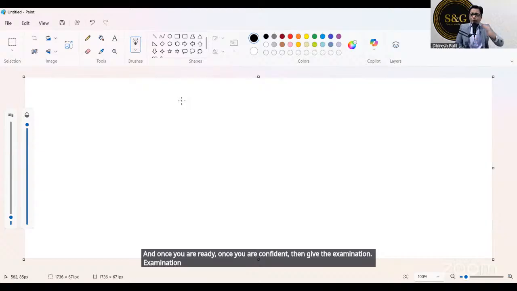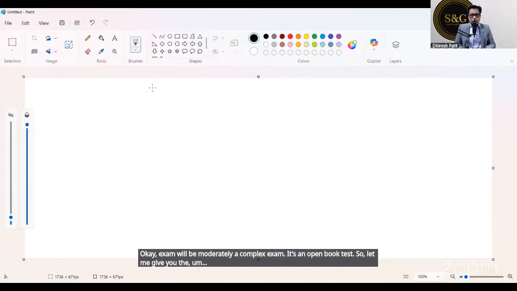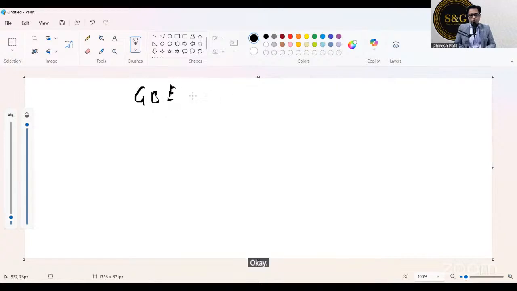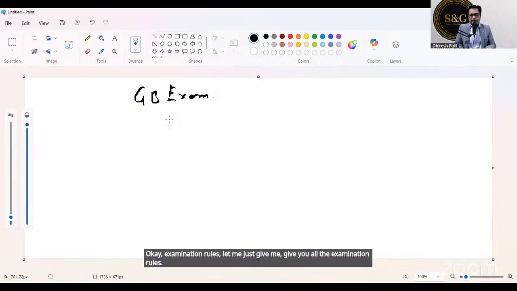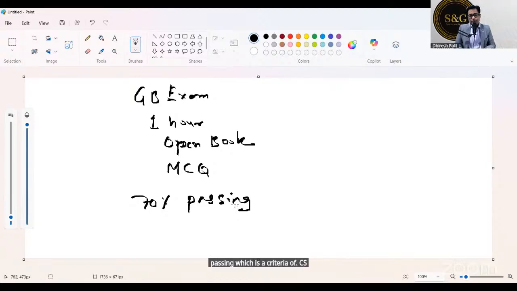The examination will not be super difficult to clear. The exam will be moderately complex. It's an open book test. The examination will be of 1 hour. Let me give you all the examination rules. MCQ type, no negative marking, 70% passing, which is the criteria of CSSE, which we follow.